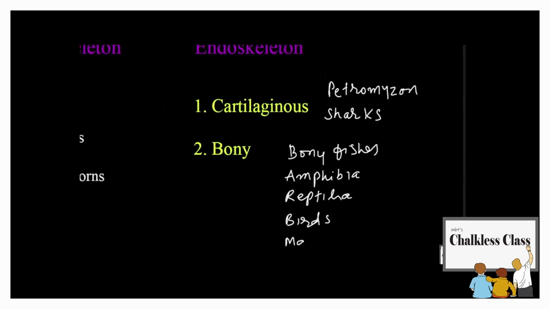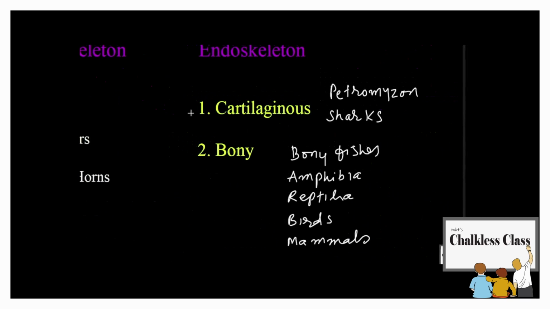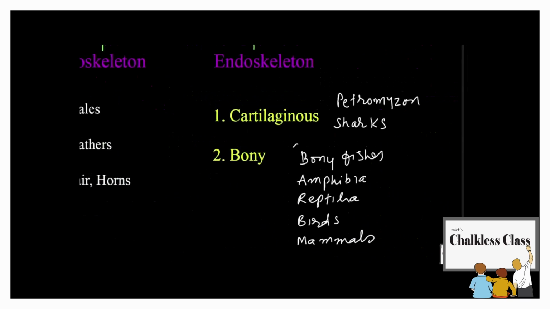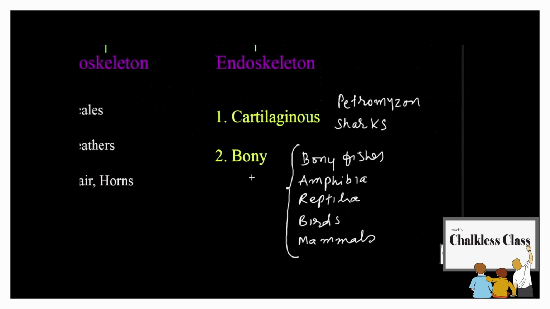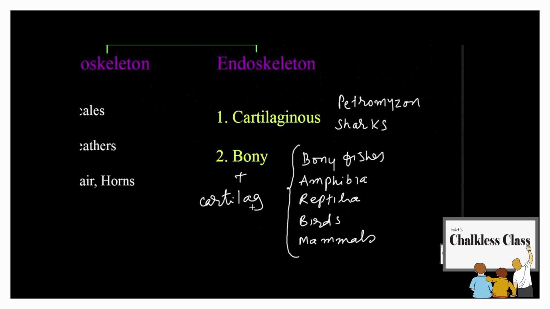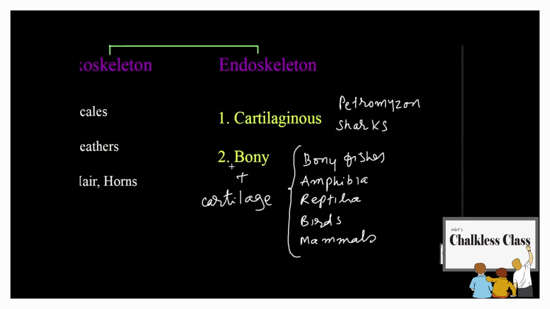Mammals also have bony endoskeleton. Thus the endoskeleton occurs in two forms, the cartilaginous endoskeleton and the bony endoskeleton. In these organisms, the endoskeleton is mainly made up of bone. Cartilage is also present, but majorly it is made up of bone.